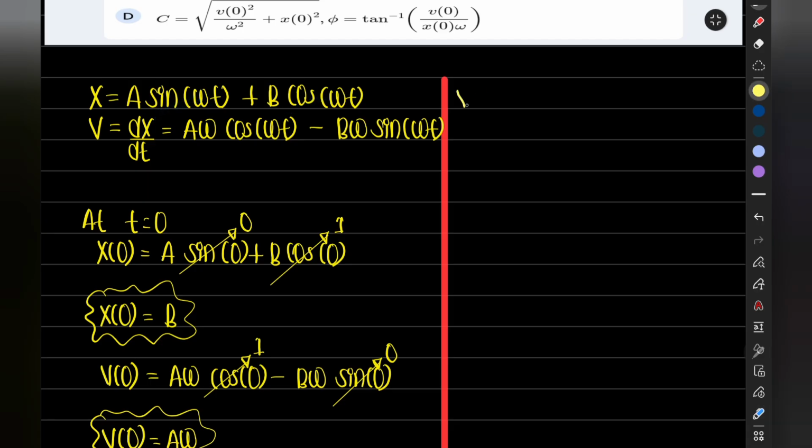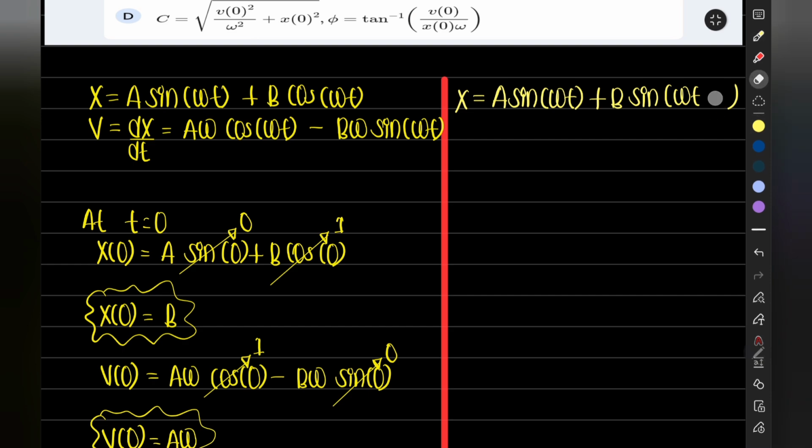So it will become x equals a sine omega t, and we know that we can write cos in terms of sine in this form, sine omega t plus... sorry, not phi, it should be 90.